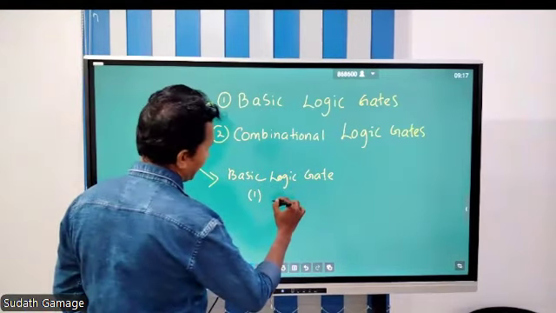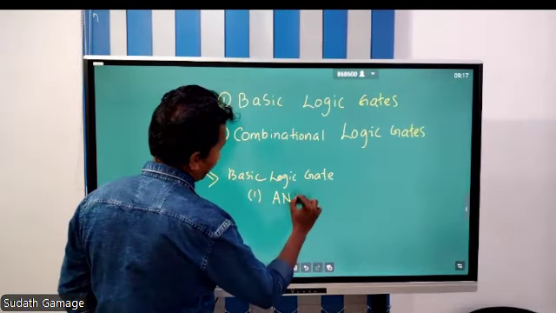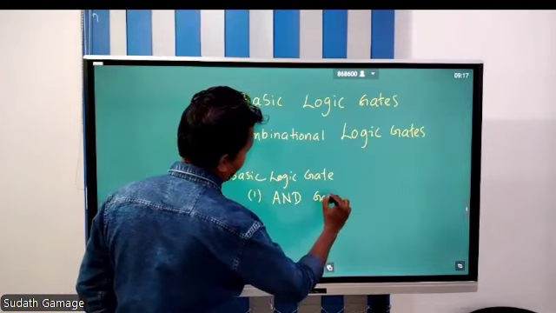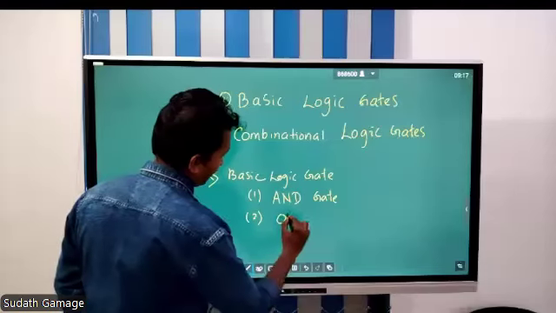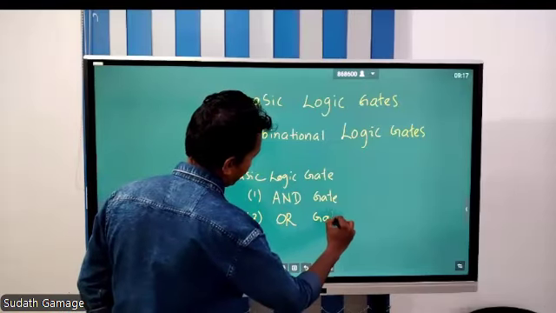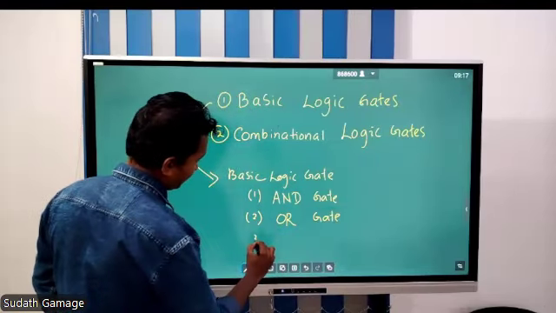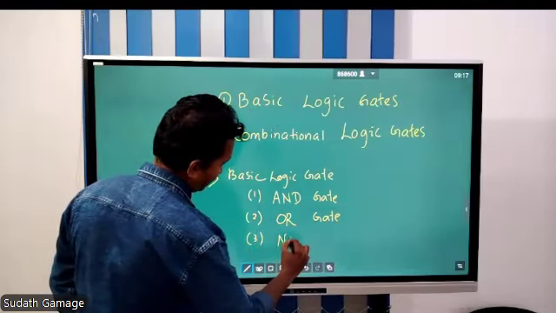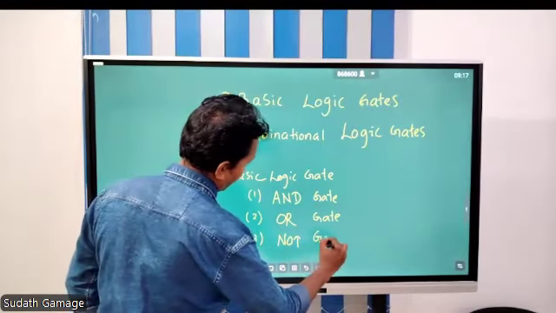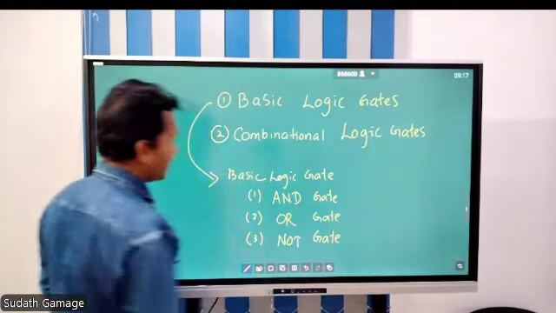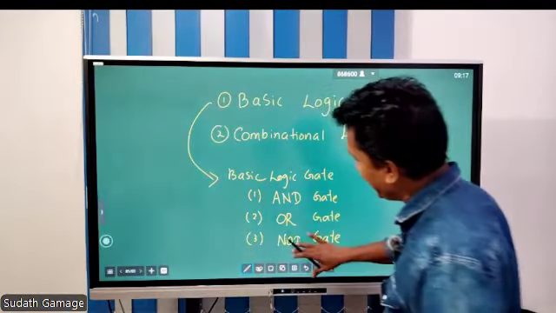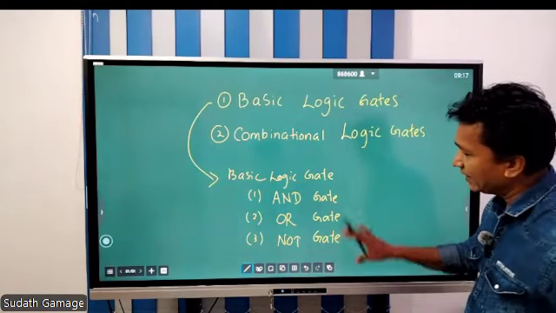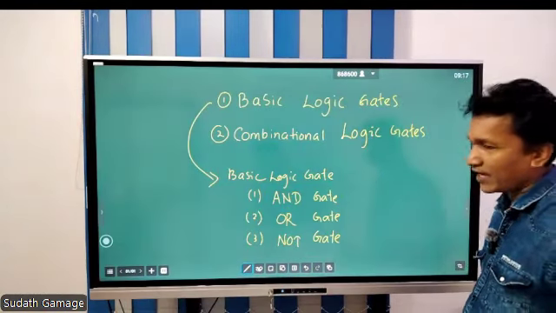There are the AND gate, OR gate, and NOT gate. These are the basic logic gates we learned, and we are going to learn them as well.